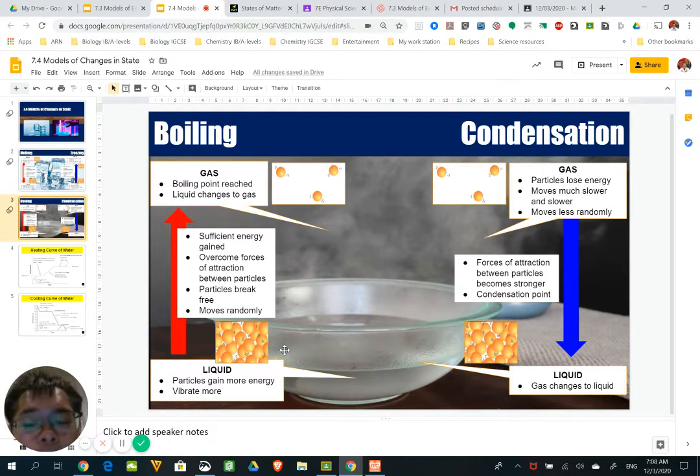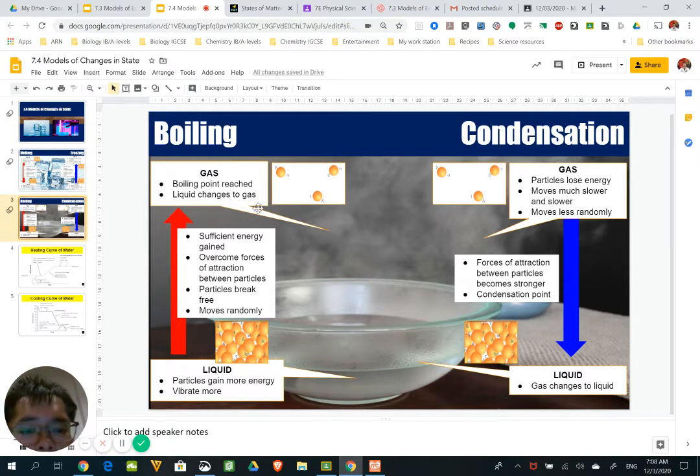Particles will eventually break free and it also moves randomly. And again, this is where a certain point is reached when you say, okay, my liquid is now going to change into gas, right? And this is when we say the boiling point has been reached. Okay, so this is the whole idea and scenario behind the whole thing.